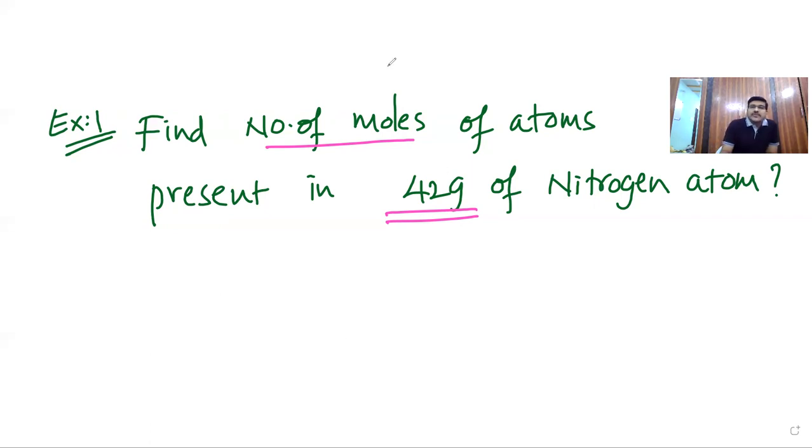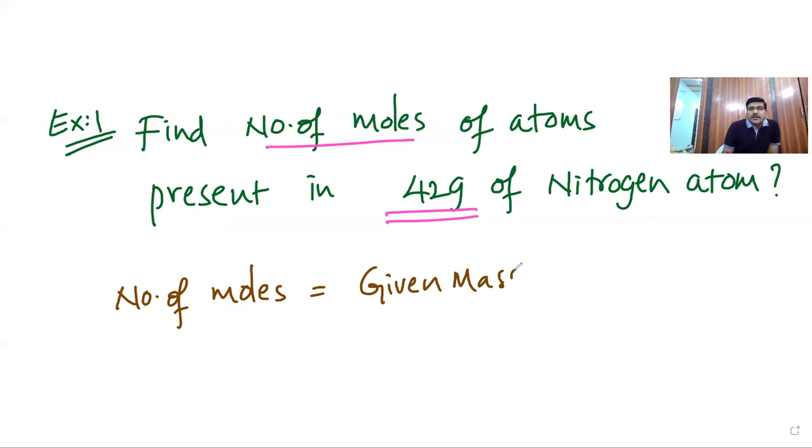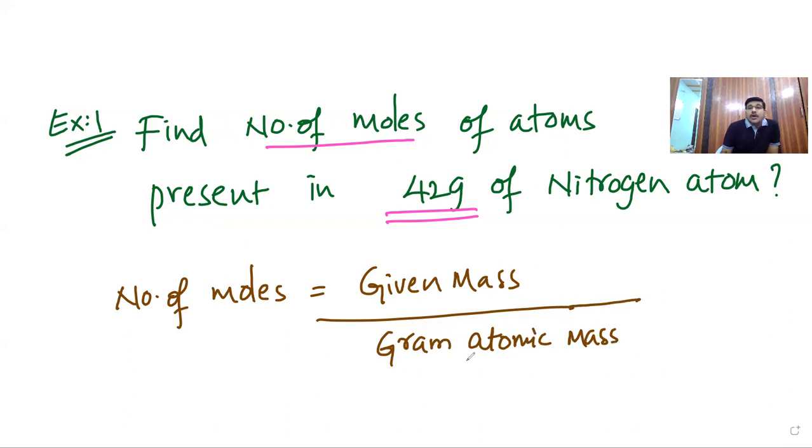Let us use the formula directly. What is the formula? Number of moles is equal to given mass by gram atomic mass, or simply this is also known as molar mass.